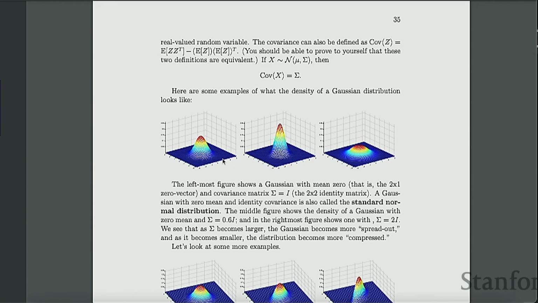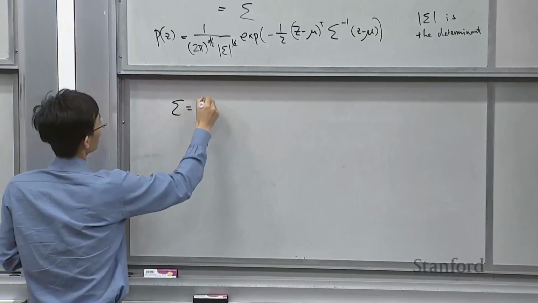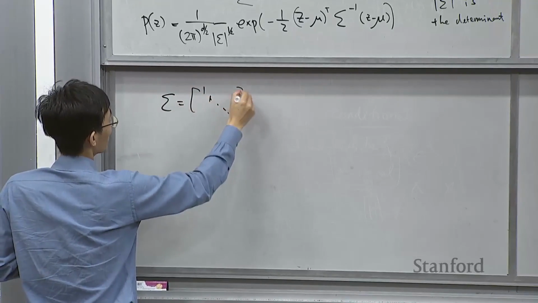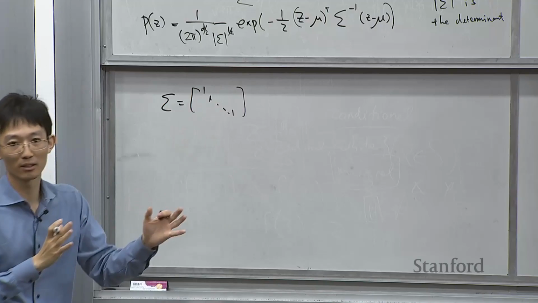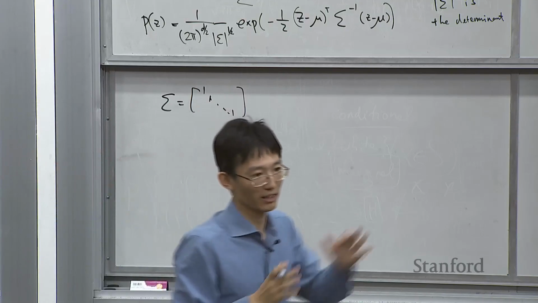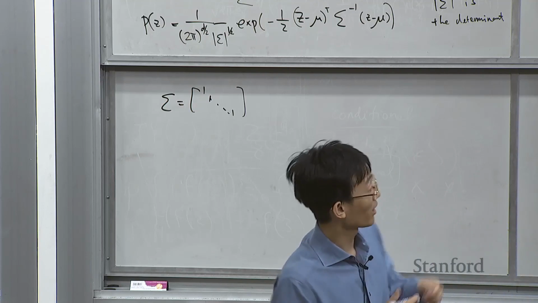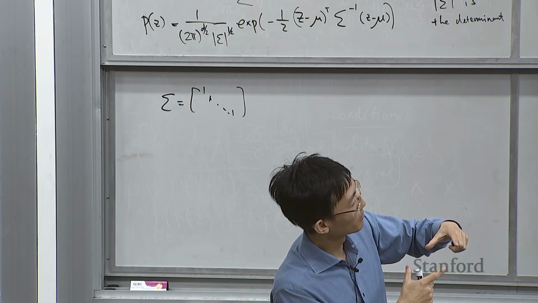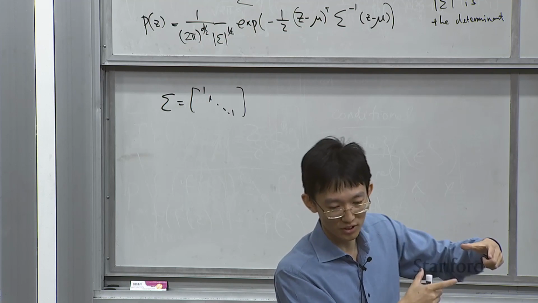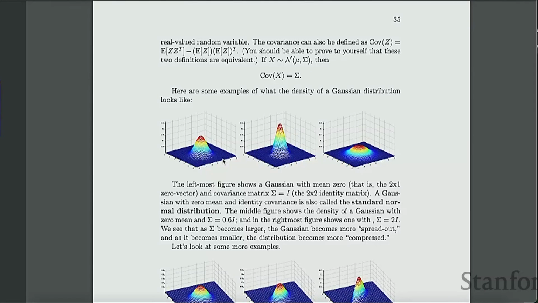These are the cases where the covariance is the identity matrix. It means that there's no correlation between any pair of coordinates, i and j, when i and j are not the same. As a result, the shape of this Gaussian is always spherical.